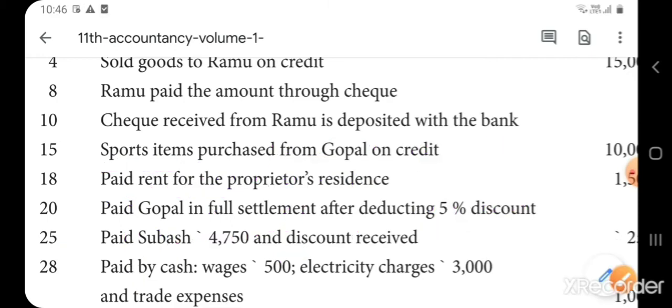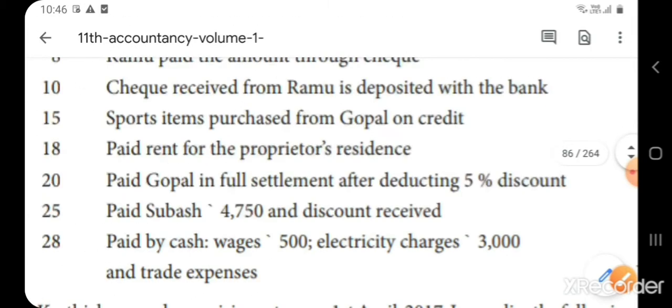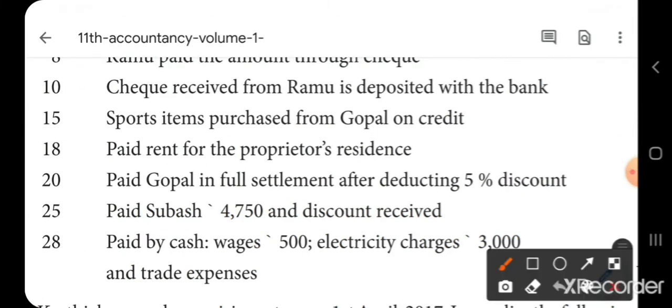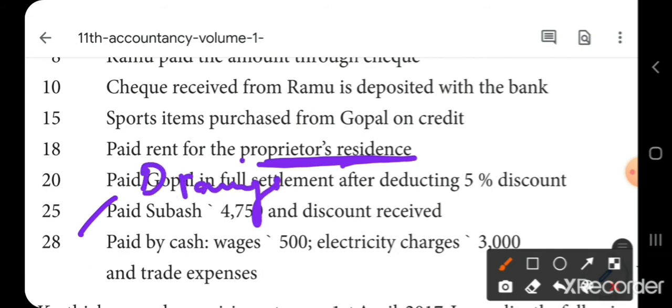Next one, paid rent for proprietor's residence, the owner's residence. That means out of the dealer's money, the business money, you are paying for the proprietor's residence. That means it is the drawings. So the entry will be drawings account to cash account.